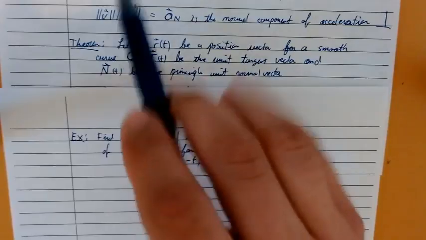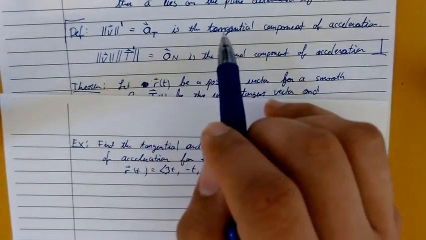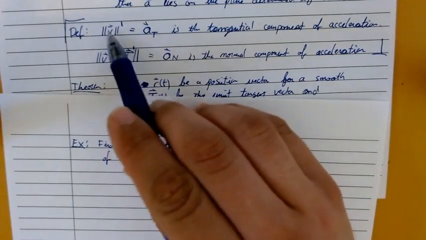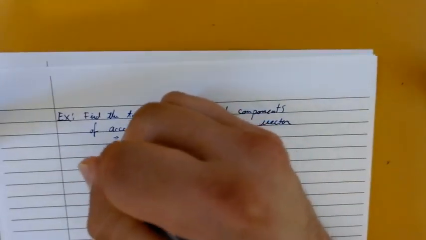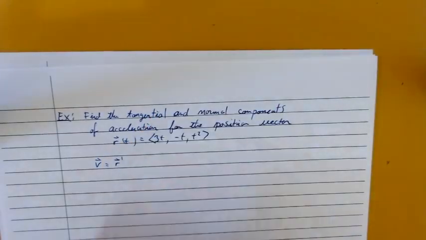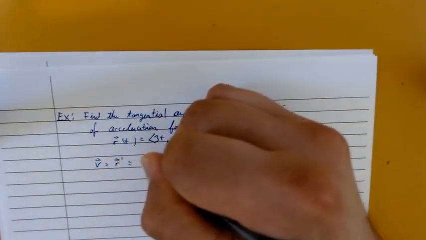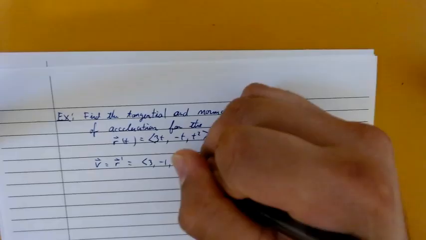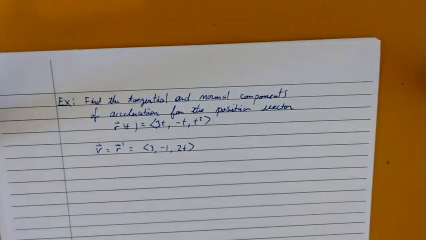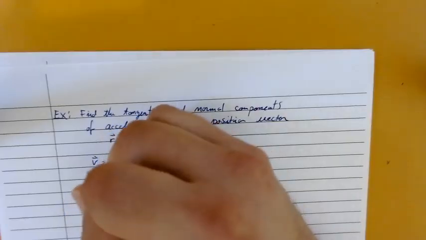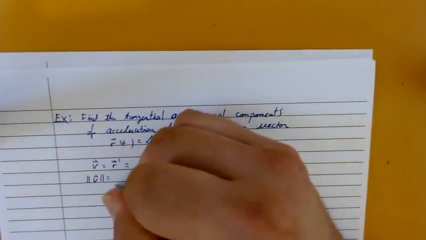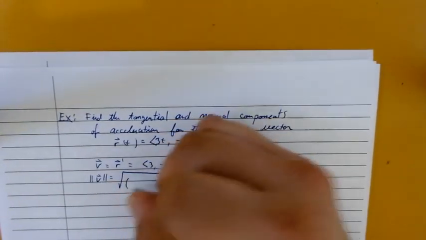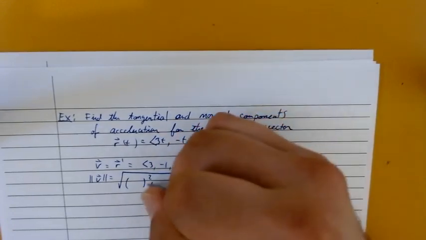Here, by definition, the tangential component of acceleration, a sub t, is just: you find the velocity, you take the magnitude, and then take the derivative. By definition, velocity is simply the derivative of the position function, which is 3, minus 1, and 2t. Now we want to find the magnitude of the velocity, the speed, and that's simply going to be the square root of the sum of the squares of those three components.